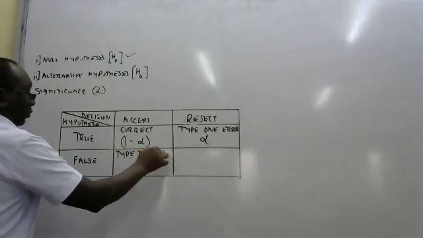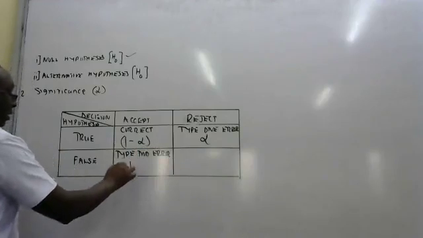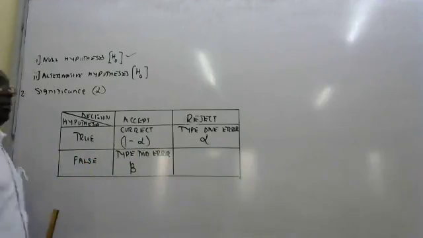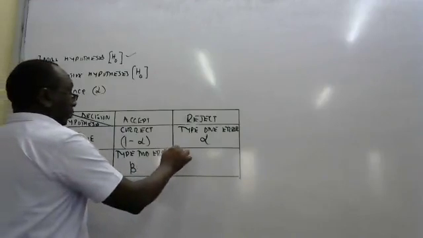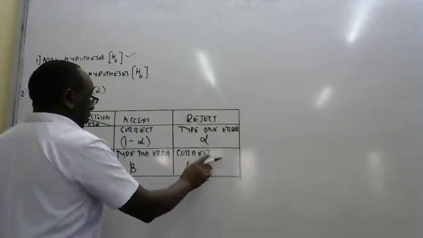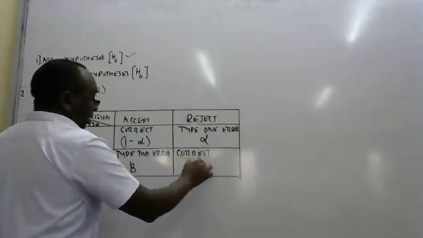This is called type 2 error. Beta. I think we tend to mention beta when you are looking at probability distributions. It is correct. So 1 minus beta.